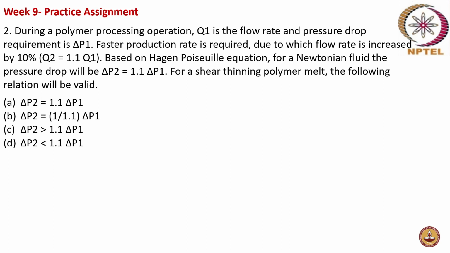Ma'am, it will be less than. Delta P2 is less than 1.1 delta P1. How do you say that? Which clue made you think that delta P2 is less than 1.1 of delta P1?